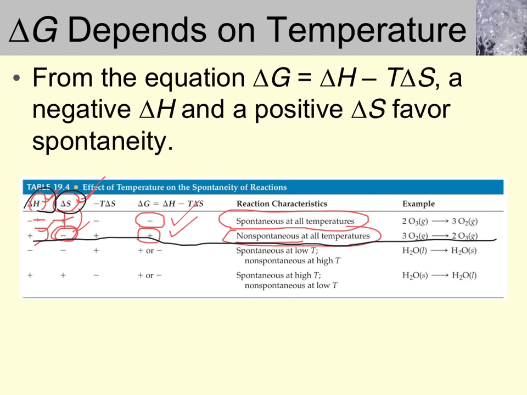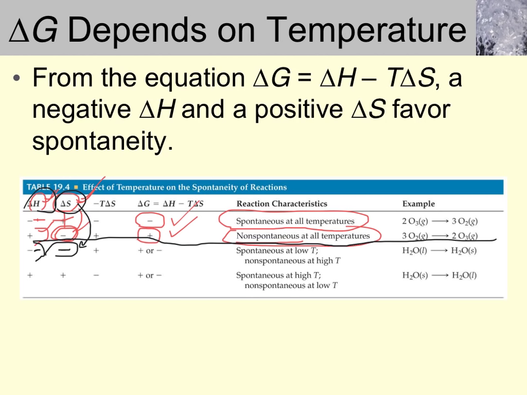You could have a situation where enthalpy is favorable, which means it has a negative sign. That's exothermic, that's energetically favorable. And in that same situation, you might have entropy that's unfavorable. A change in entropy that's negative would be unfavorable. So which of these wins?